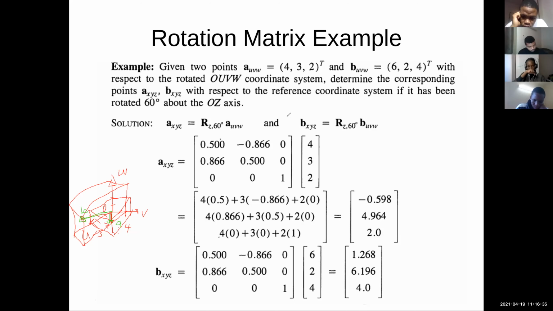So there's an x, y, and z reference frame that looks like this, with origin 0, and another reference frame of UVW. I don't know how it is oriented, but let's just say that's how it is oriented. So U, V, and W.